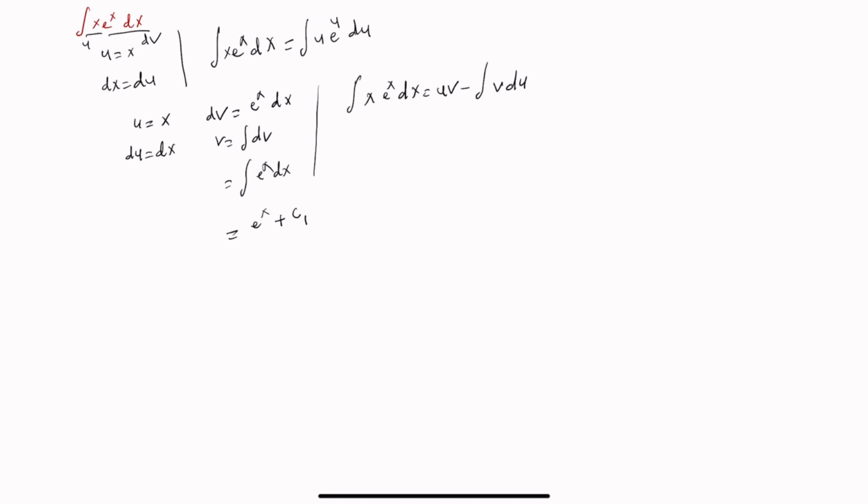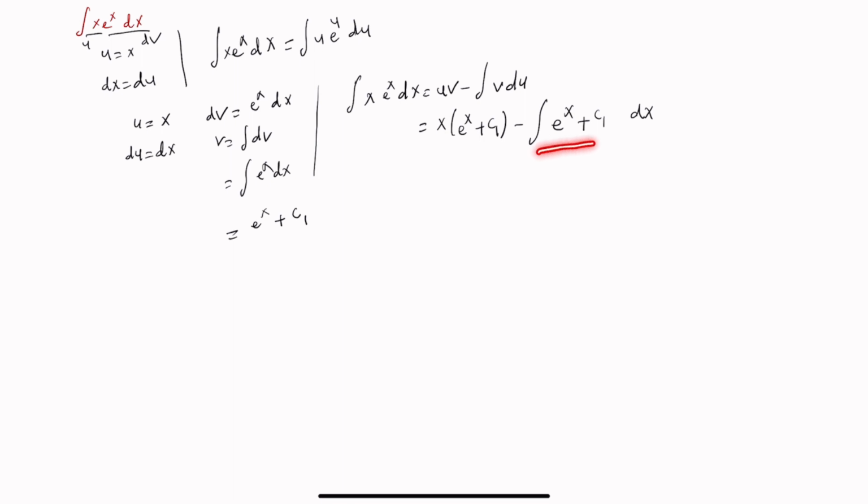Now, I'm gonna plug all of what I just found into the integration by parts. So that's gonna be equal to u, which is x, and then v, which is e to the x plus c1, and then minus the integral of v, which is e to the x plus c1, and then du is just dx.